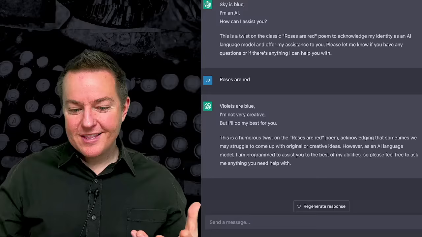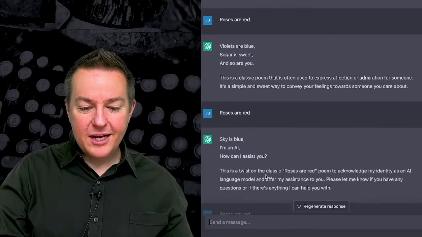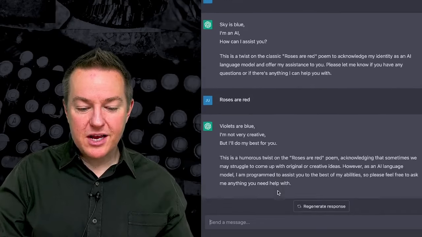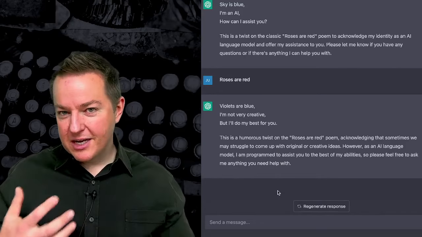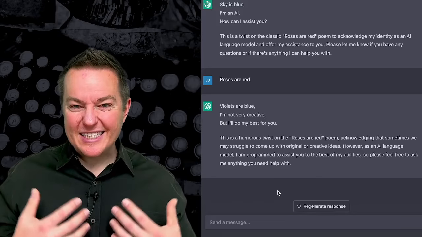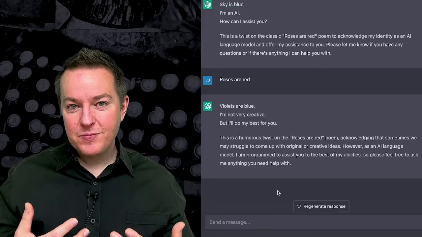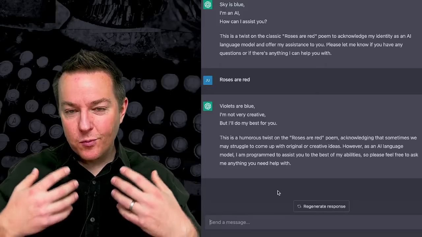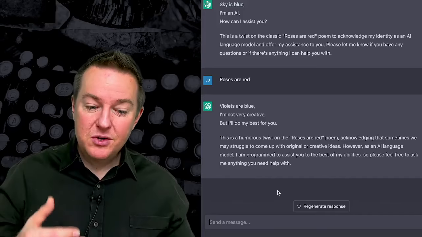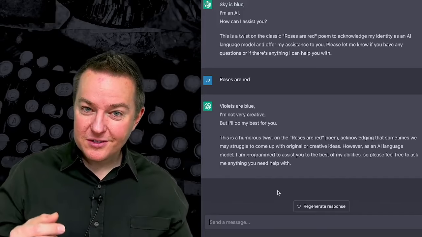Notice that initially we got something that we kind of expected, but each time we're getting some variation on this. And this is something else that's useful to know: these models aren't designed to do exactly the same thing every time. There's inherent randomness or variation in what they produce.